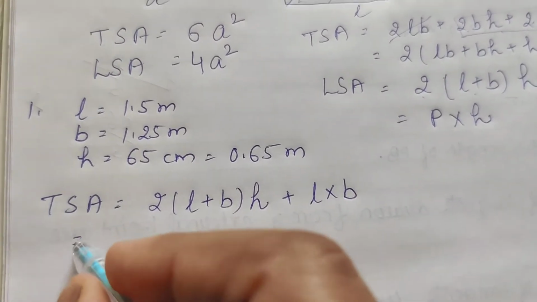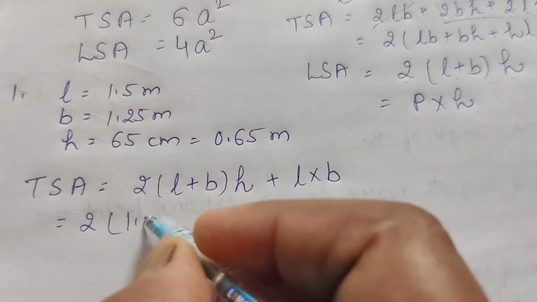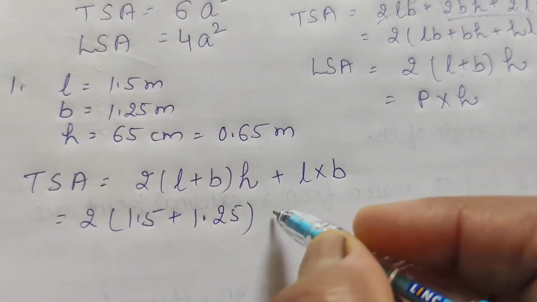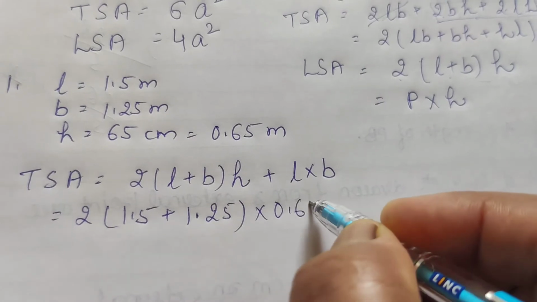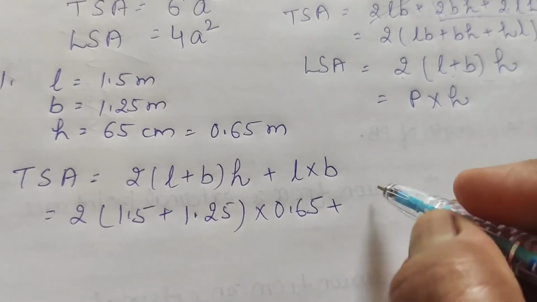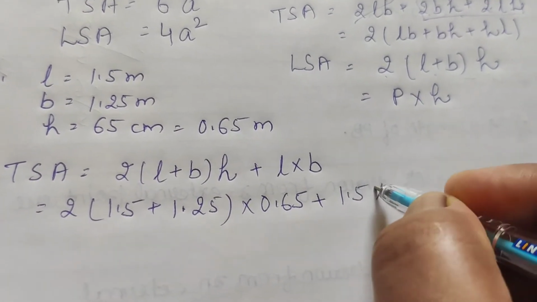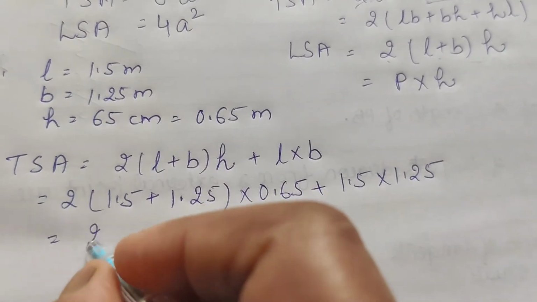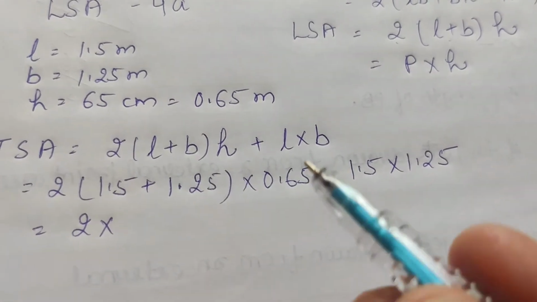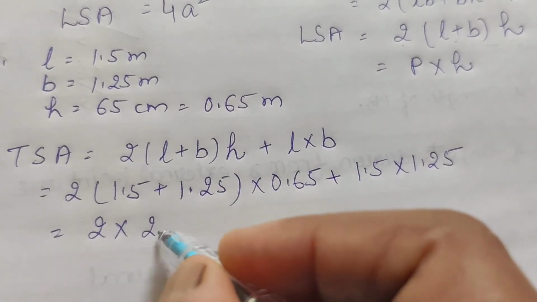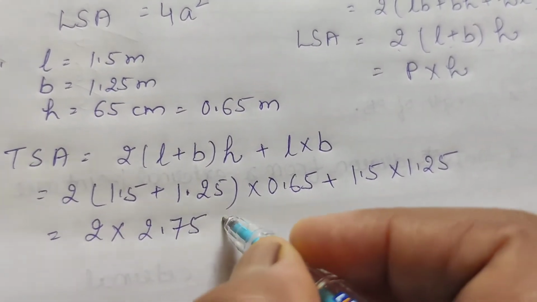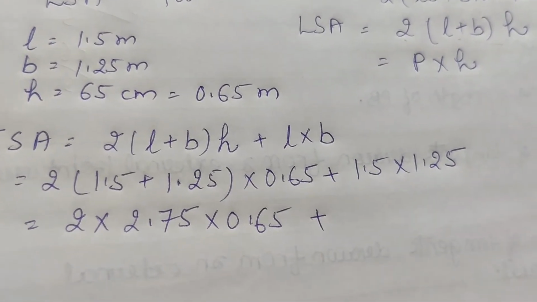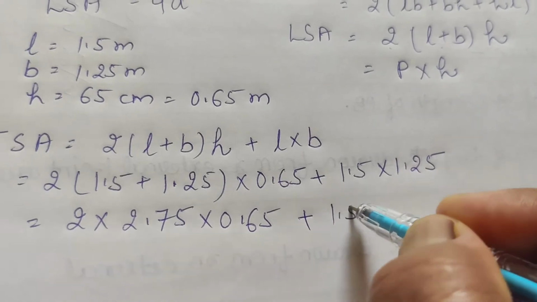Now put the values. 2 times (L plus B), 1.5 plus 1.25, into H which is 0.65, plus L into B means 1.5 into 1.25. Now multiply and solve. 2 times the sum of 1.5 and 1.25 is 2.75, and multiply this 1.5 into 1.25.